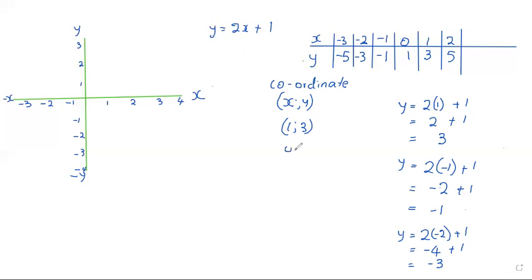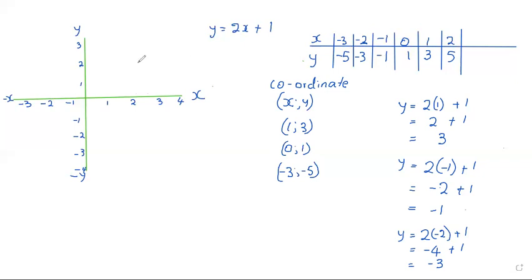When x is a 0, y is a 1. That's how you write the coordinates. When x is a -3, y is a -5. Now we can plot these coordinates onto the Cartesian plane.